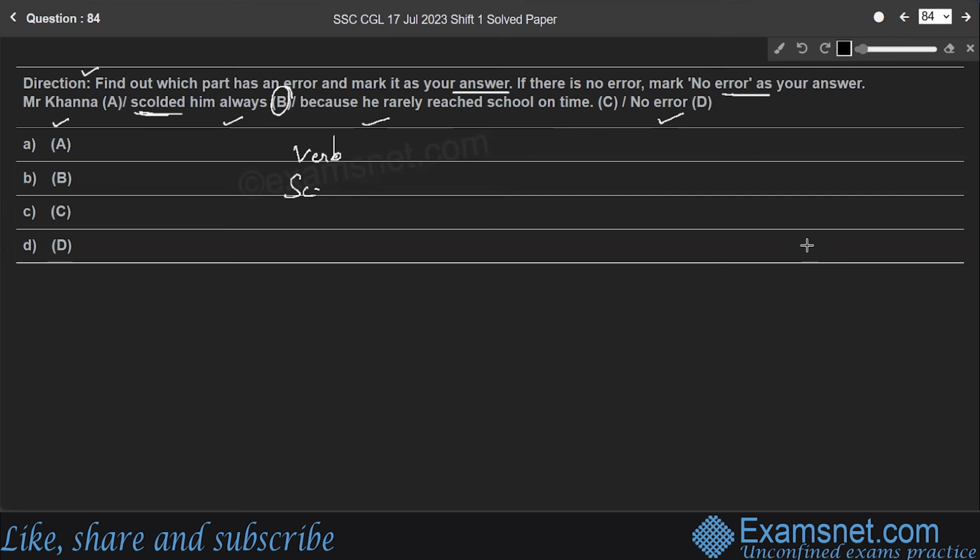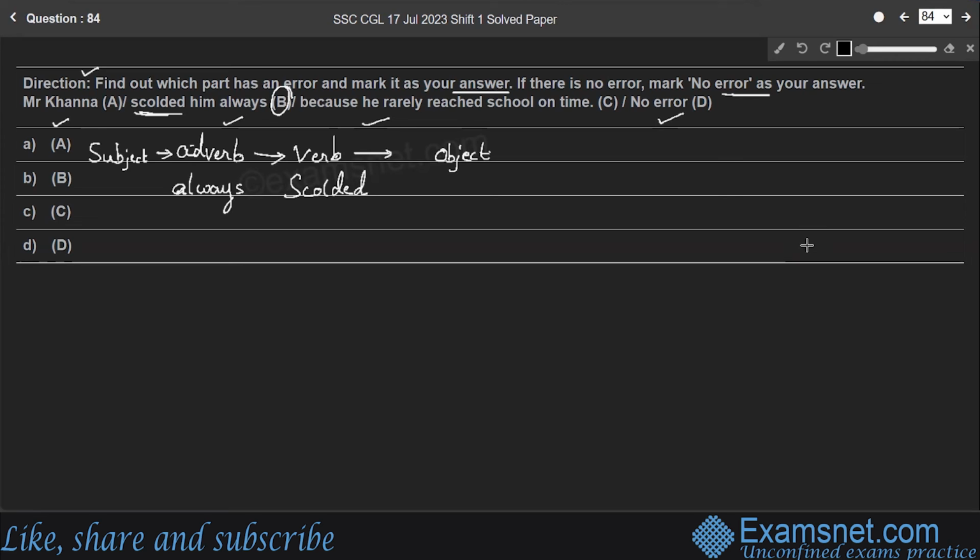Verb is scolded. And the word always is an adverb, right? Always is an adverb. So in a sentence, if there is an adverb, the order will be subject followed by adverb, adverb followed by verb, verb followed by object, right?